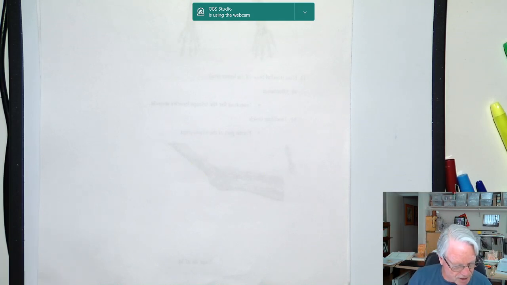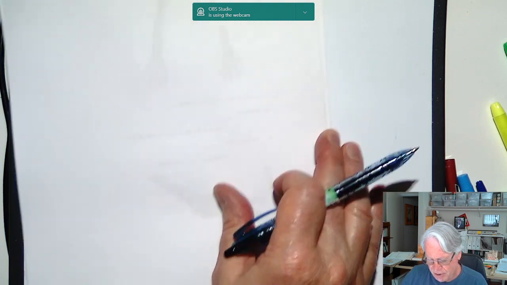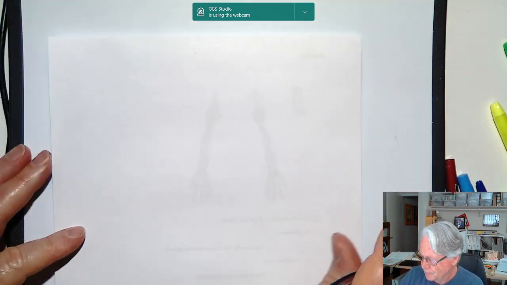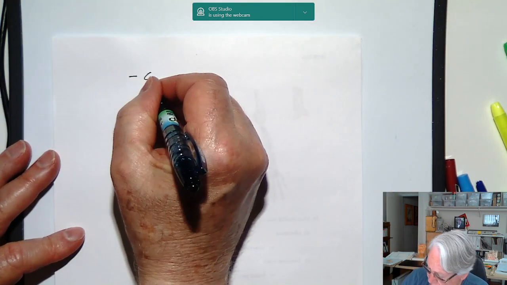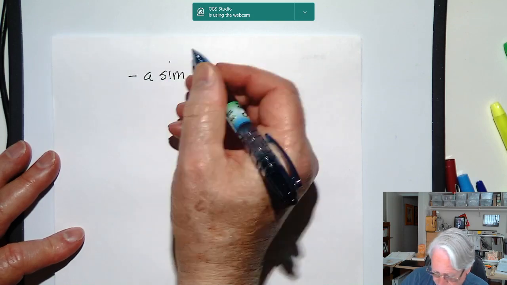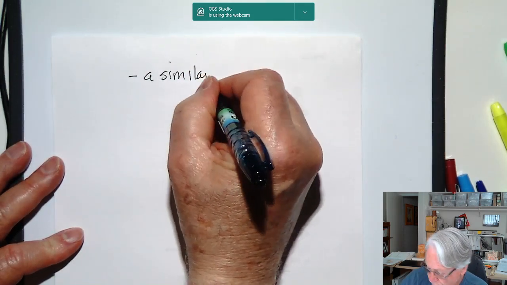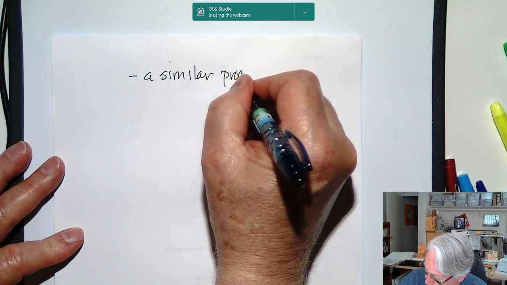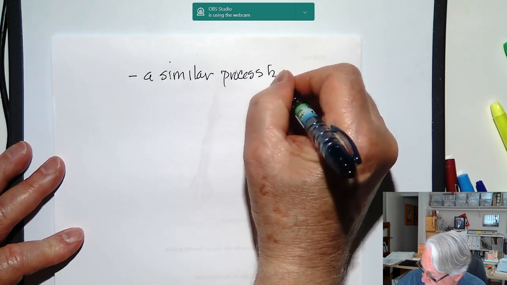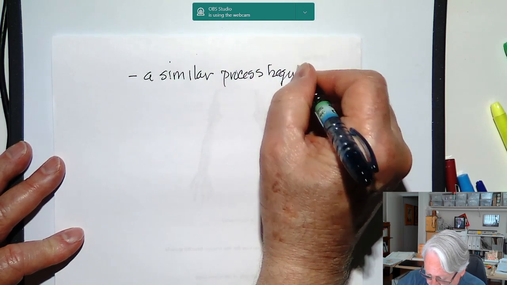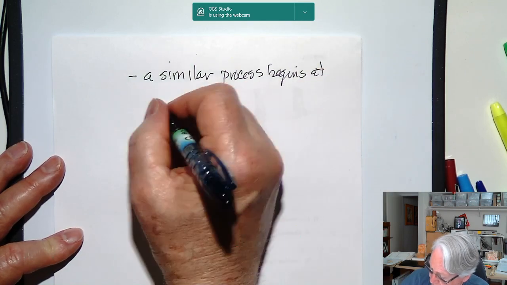So development of the secondary ossification centers. And what we're going to say here is a similar process begins at each end of the bone.